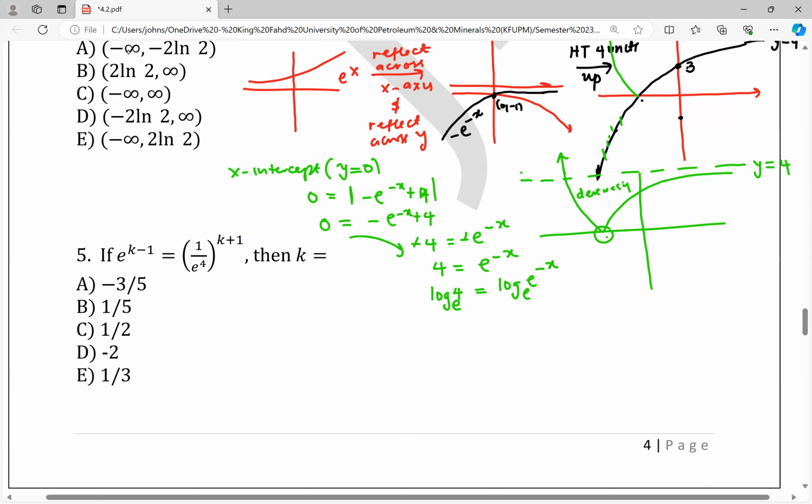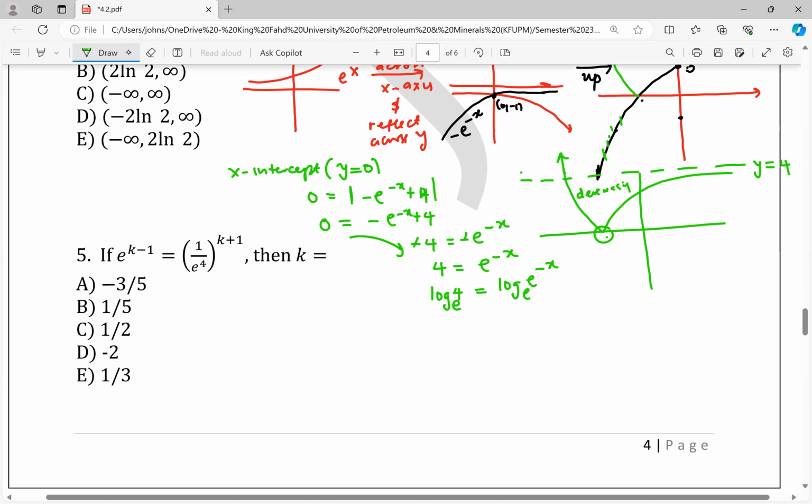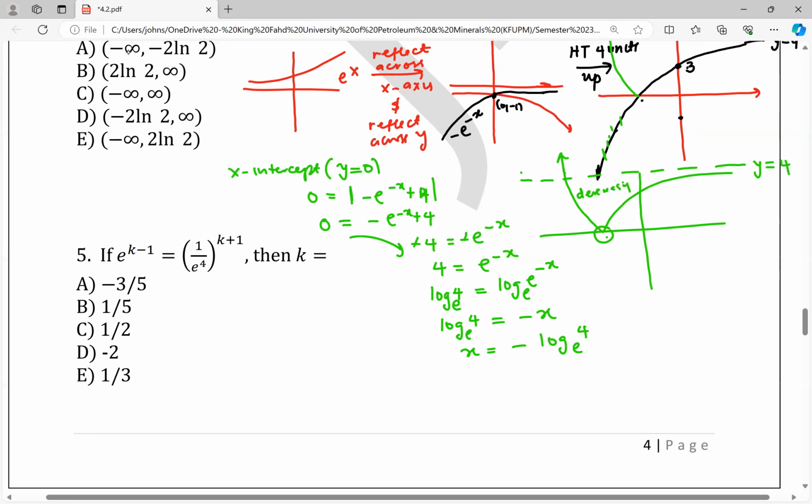And what will this be? This log to base e will cancel. So you just have log to base e of 4 equals minus x. In other words, x is minus log to base e of 4. Here we can also use the properties of logarithm, which we will discuss in 4.3.